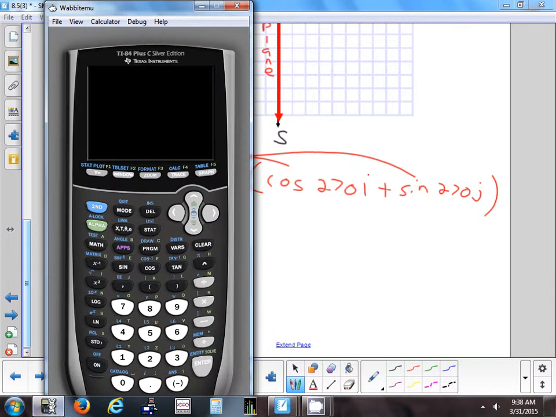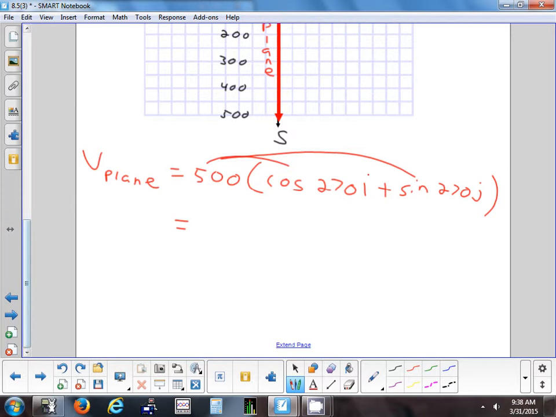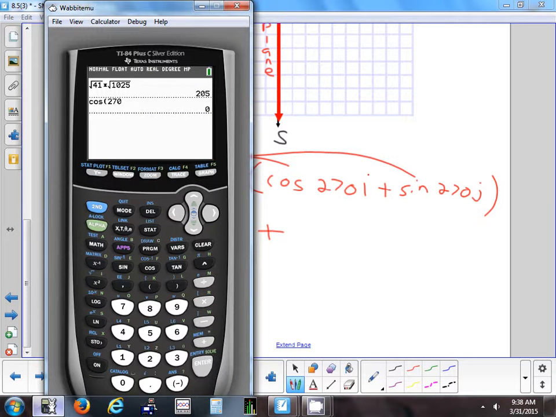Okay, and distribute. So we take the cosine of 270. Sure enough, we do get 0 times 500. So there's no horizontal component for the plane. Straight down. Plus, take sine of 270. Comes out to -1. So actually, I'll make that a minus.